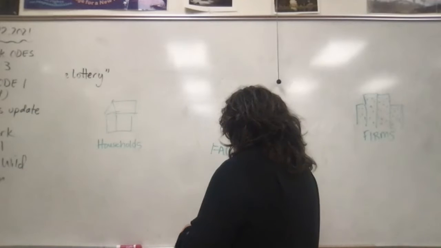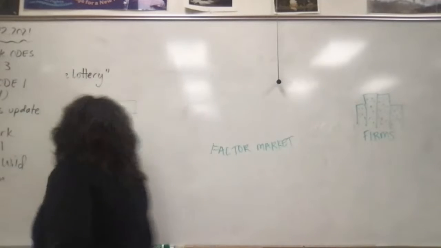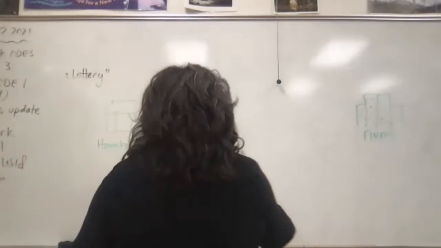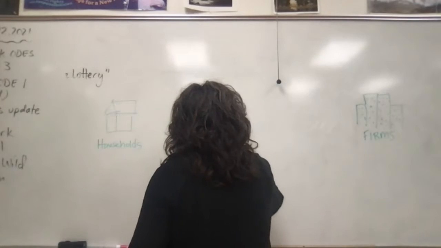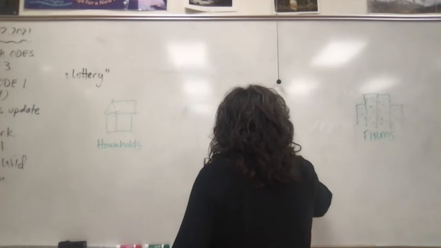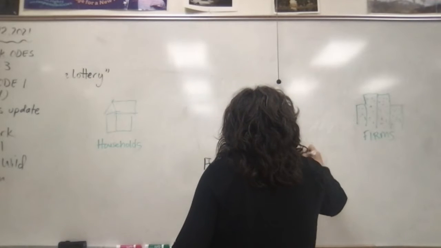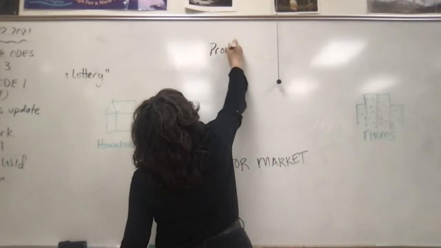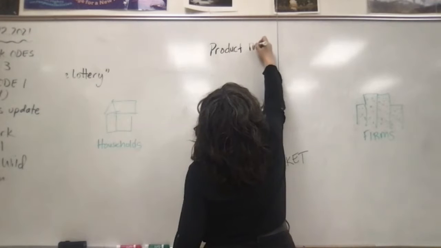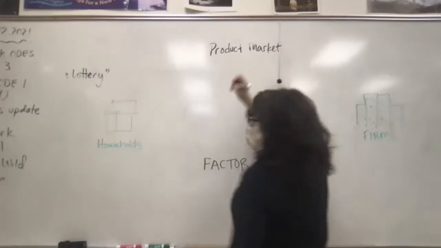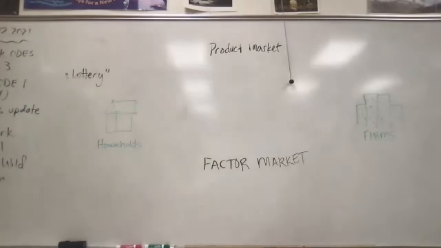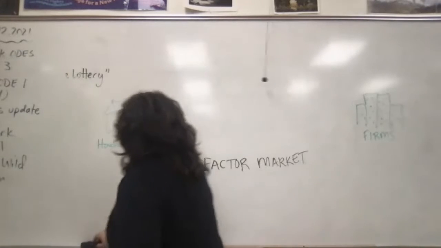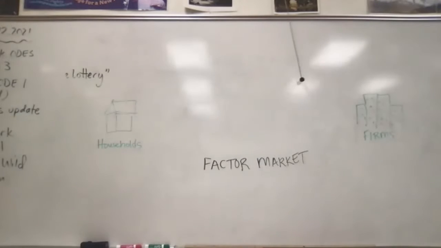Actually, I'll do this in a different color. So we've got our two players, right? This is kind of how we set it up in our four corners of the classroom. So we've got our factor market up here. We've got our product market, just like we had the four spots here. Oh, I remember I was going to do a different color for that one. Where's our markers?